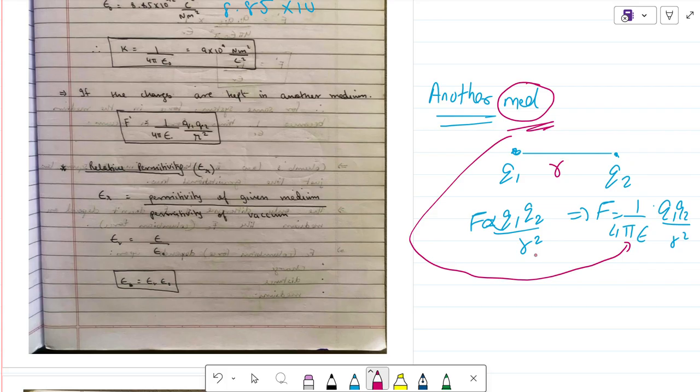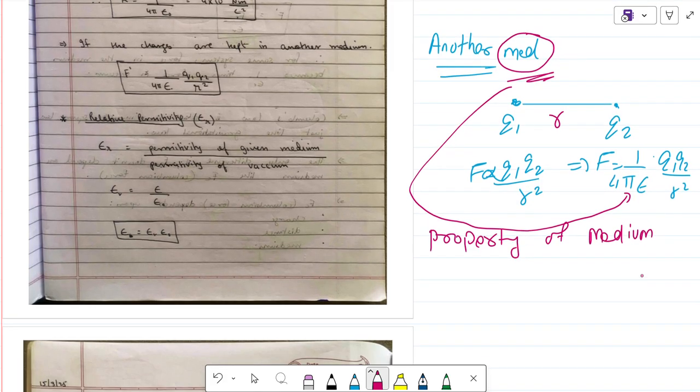The value of the force changes if the medium changes for the same charges kept at the same distance. And this epsilon value is a constant. It's a property of a material or a medium, you can say. The values for different mediums are known to us, but we don't have to remember them. It is given directly or indirectly in the question itself.